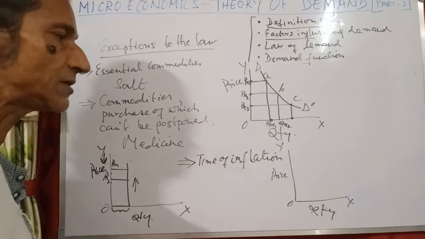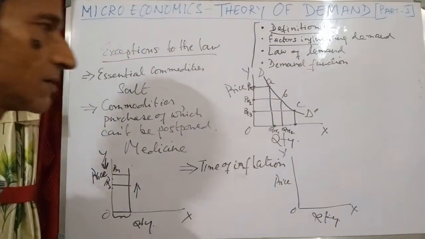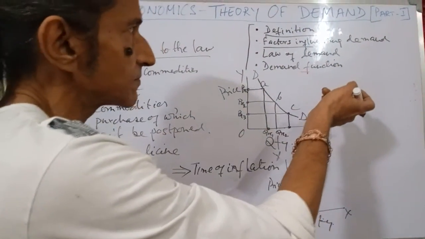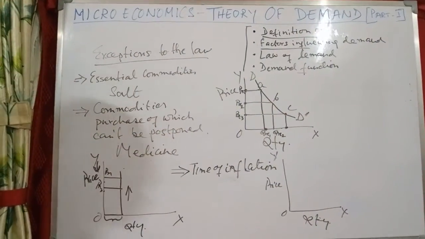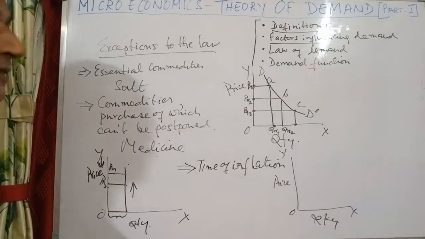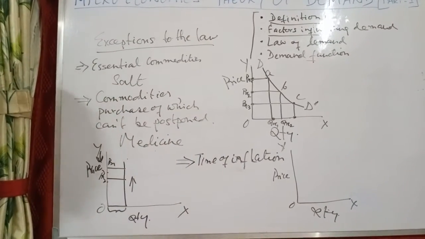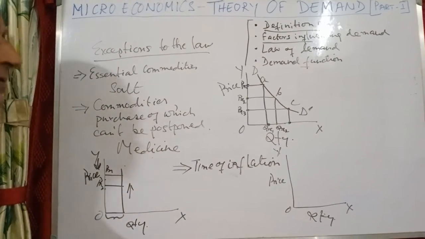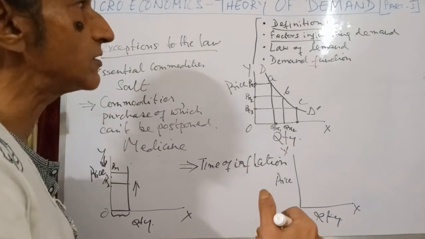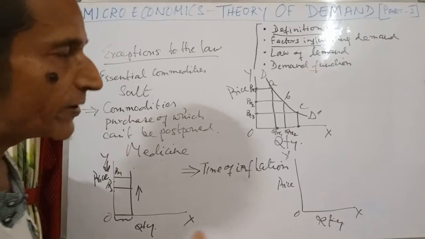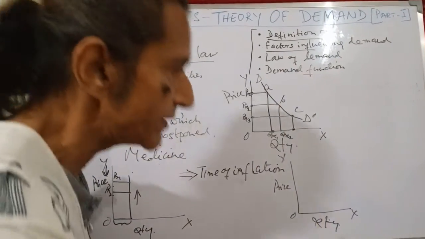Because there is inflation in the economy. The law states when price increases, consumer will purchase less. But in this case, the consumer will not think in that way. The consumer will think that tomorrow the price will be so high that it will go beyond his reach. So better to buy today.